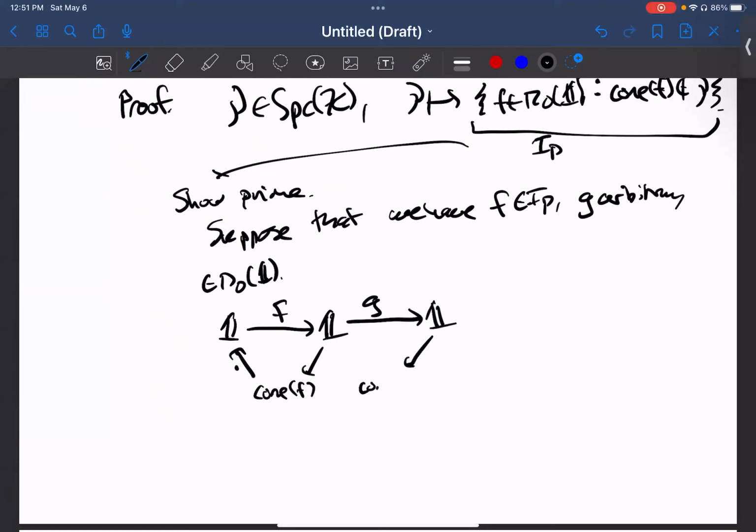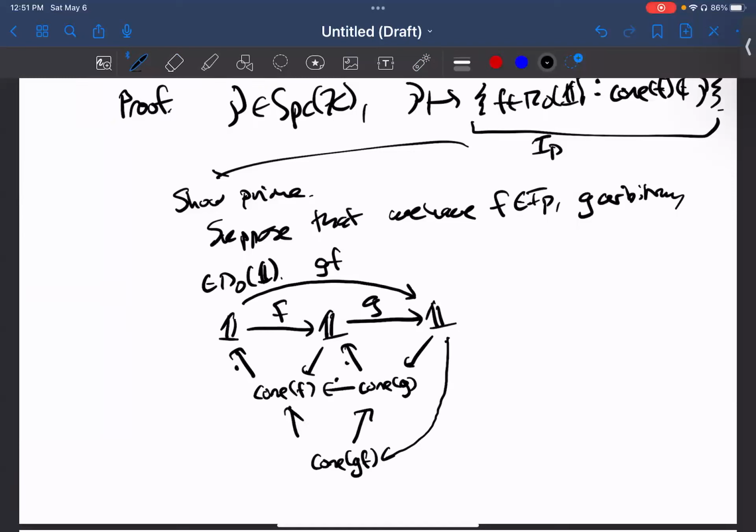It's going to be the cone of g. This is going to be the composite gf, which is g times f. This is going to be the cone of gf. This is just our octahedral axiom here.